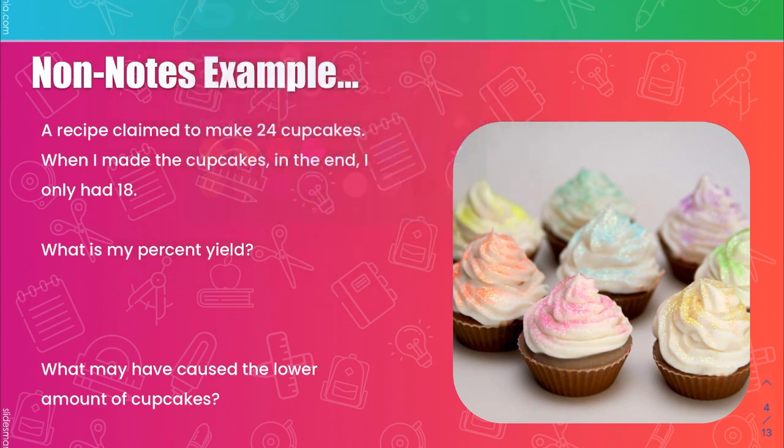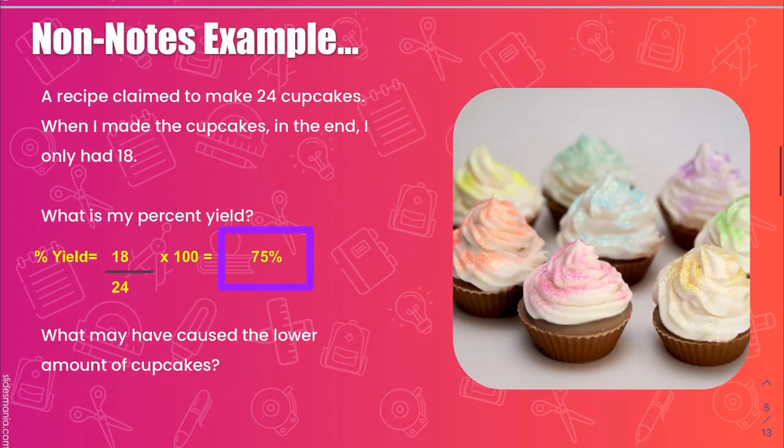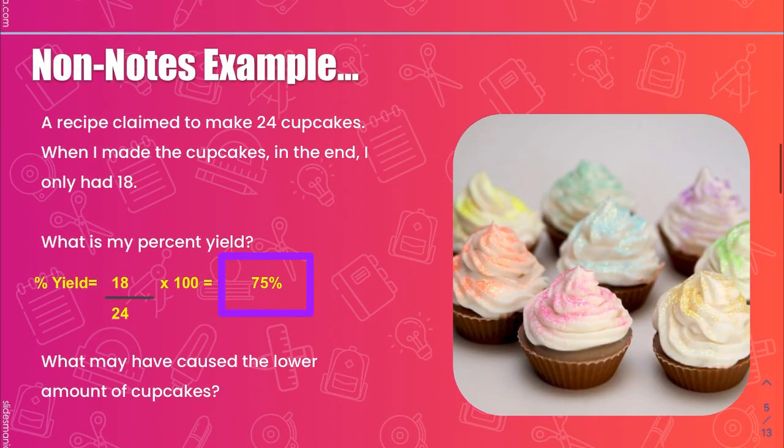Well, the percent yield is the actual amount of cupcakes that I made, which is 18, divided by the theoretical amount of cupcakes, which should have been 24, and then times 100. Well, 18 divided by 24 times 100 is 75. So I only got 75% of the cupcakes that I predicted. So there's our percent yield.